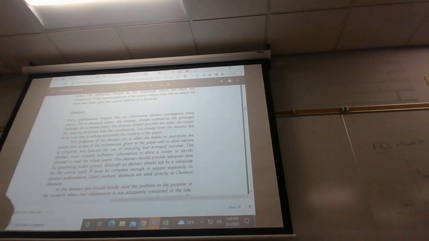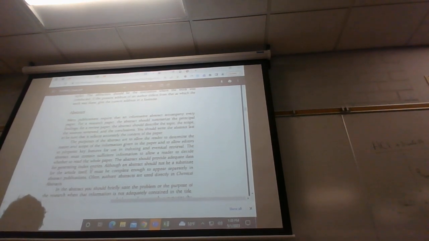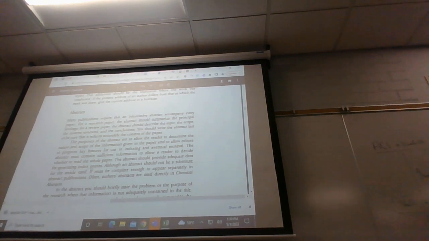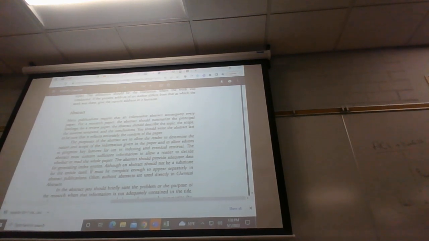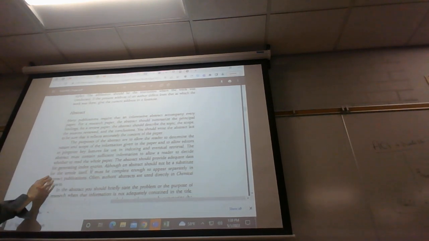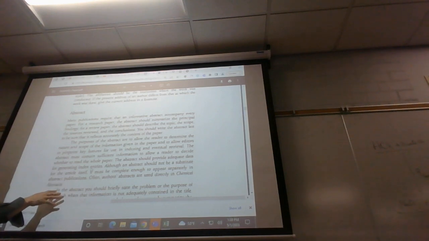But the abstract should contain basically the principal findings of the paper. In other words, we're doing a sulfate analysis on an unknown. And so a person reading this abstract should be able to find what percentage sulfate was contained in your unknown samples.